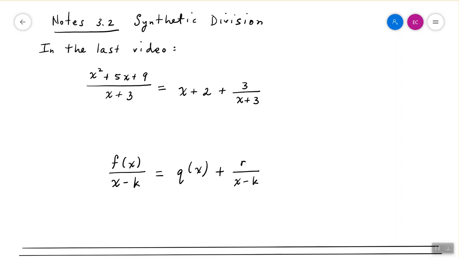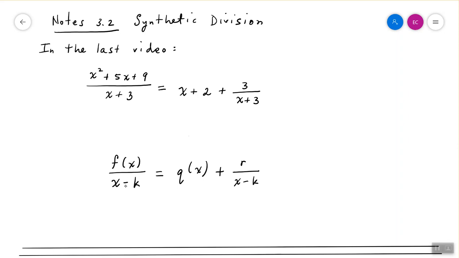In general, what we're doing is taking a polynomial function like f of x, which could be to the second power or the third or the fourth or the fifth power or even higher than that, in the numerator, any degree polynomial.